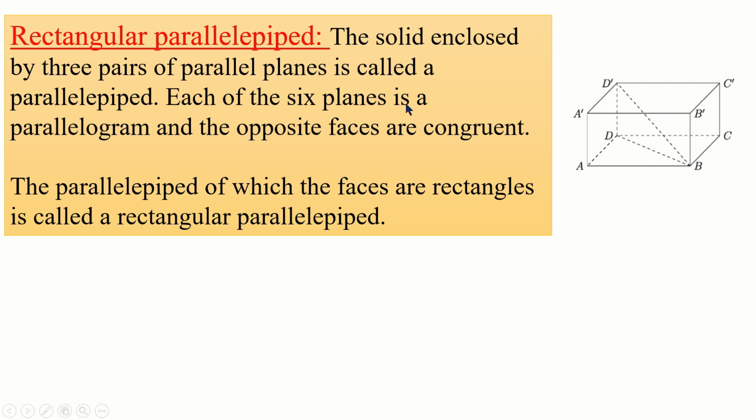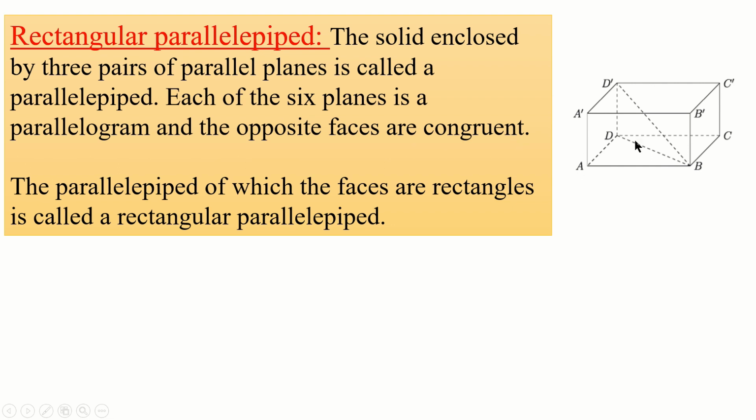That means 3 pairs of parallel planes is called a parallelepiped. Each of the 6 planes is a parallelogram. That means 1, 2, 3, 4, 5, 6 all are parallelograms. And the opposite faces are congruent.